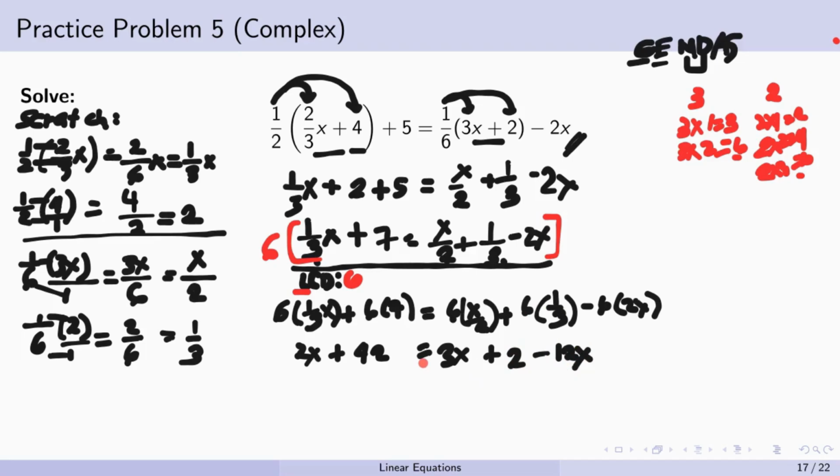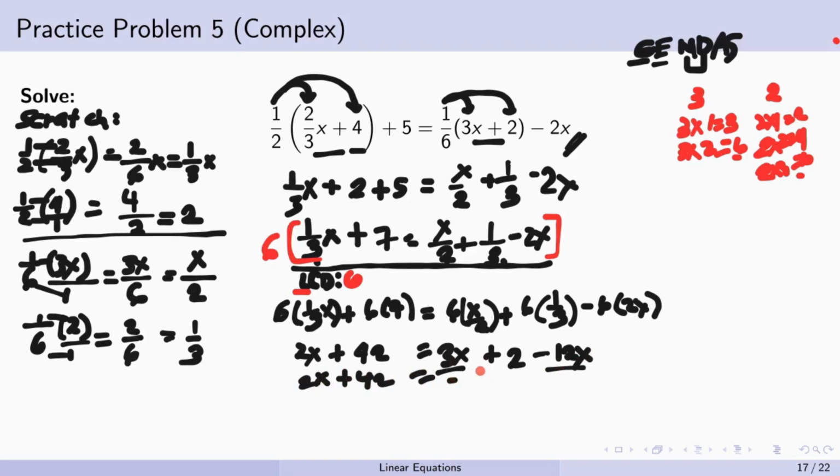If we want to cancel all the terms here with x so that we have only one side having an x, which is the left hand side, we can subtract all the terms with x here. Okay, so what we can do here is to first simplify or combine like terms. Copy 2x plus 42, and then combine 3x and negative 12x.